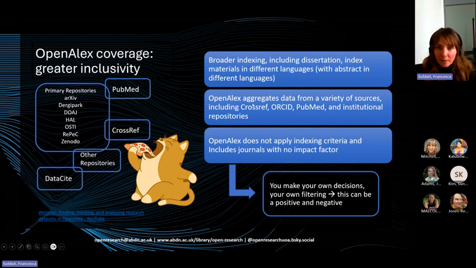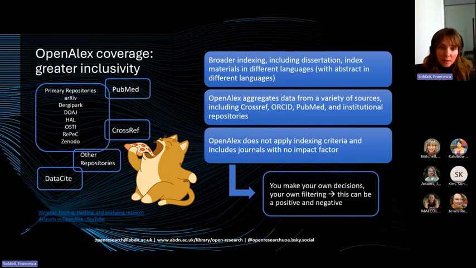But another big difference, I think, is that when subscription databases index the content of journals, they don't index content for all the journals, but they have very strict selection criteria. They review the journals, and then they decide if the journal follows particular guidelines or ticks specific boxes.